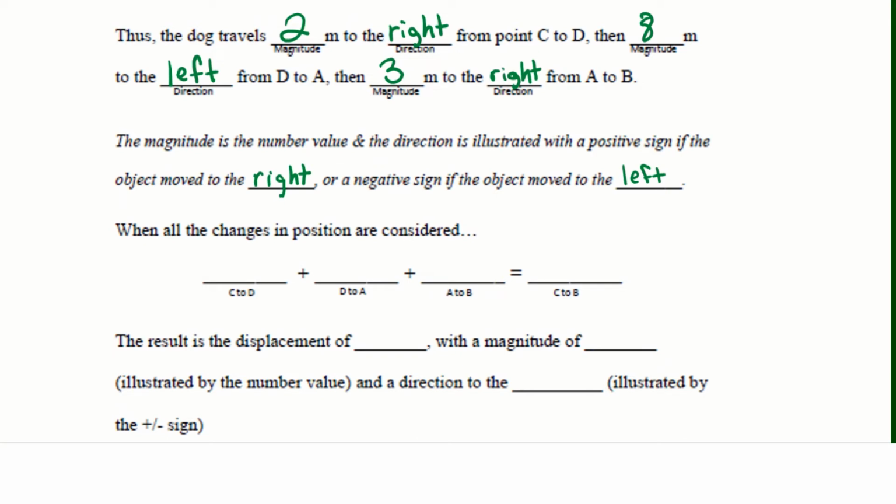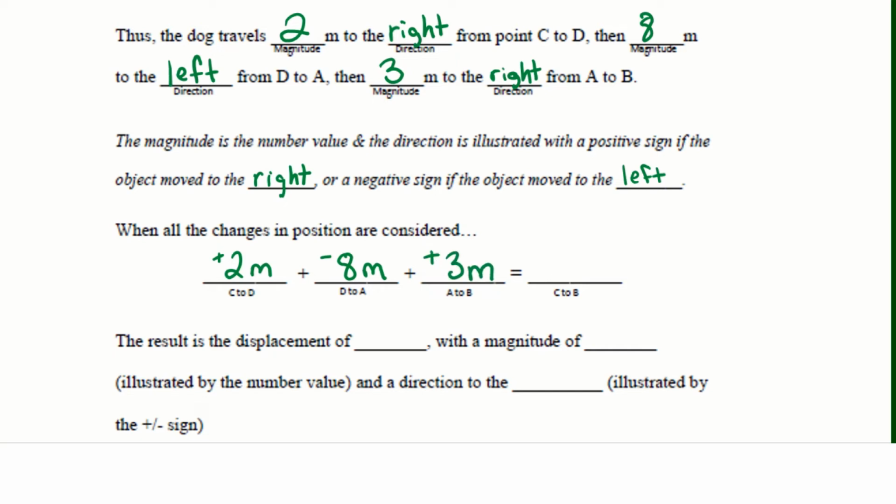So C to D, we said, was to the right, so it's going to be positive, and it was 2 meters, so it would be positive 2 meters. Then D to A was moving to the left, so that means it's going to be a negative, and it was 8 meters. Then A to B was to the right, and it moved 3 meters. So it would be positive 3 meters.